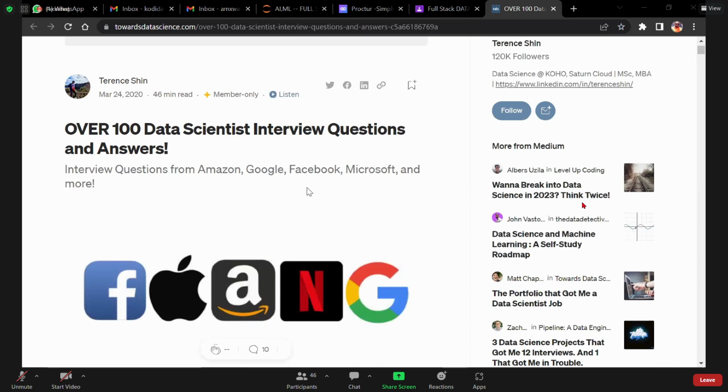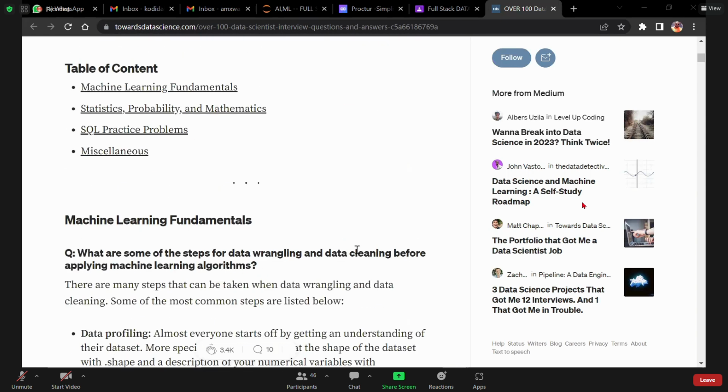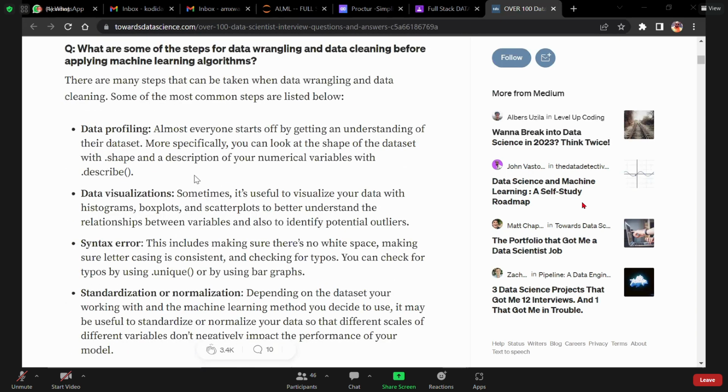Normally I give the first batch the questions and answers from the first month. Normally I assign the questions and answers at the end. But now I want the batch to get more offers. So here, data profiling. What is data profiling? The concept is the same, but the way of answering and the way of understanding is different, isn't it?